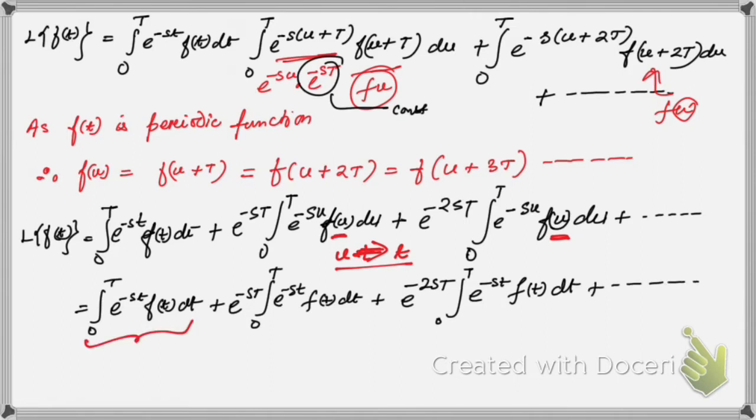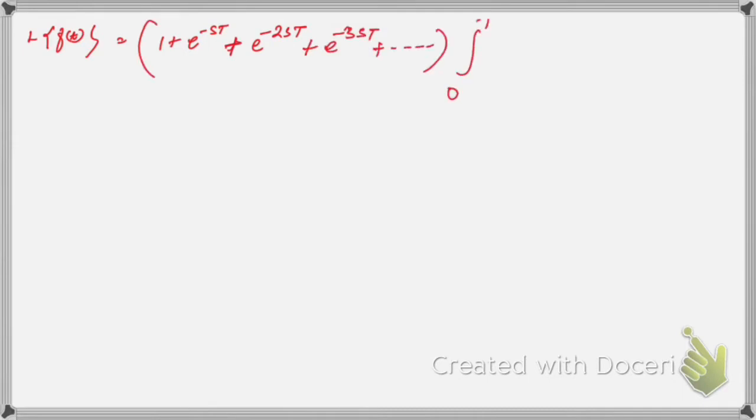Now we're going to take this term common. Here you see the integral from 0 to capital T of e to the power minus s t f of t dt, you can take this common from each term, and doing so we have got the Laplace transformation of the given function f of t, which is the periodic function. So the integral from 0 to capital T of e to the power minus s t f of t dt is taken common, right?